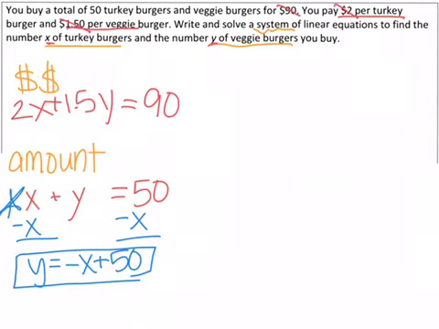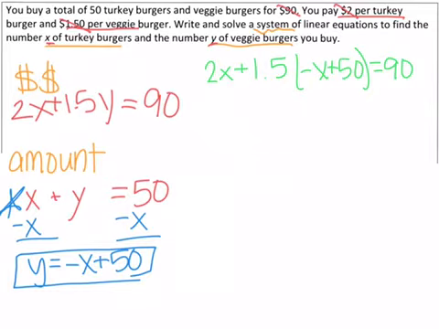I'm going to plug in this whole section that y is equal to into the first equation to help solve. I have 2x plus 1.5 times negative x plus 50 equals 90. By doing that, I took out all of my y variables, and I now just have x's, which is what I'm going to solve for first.